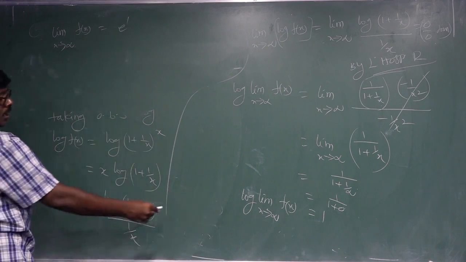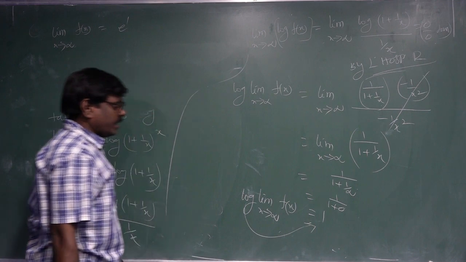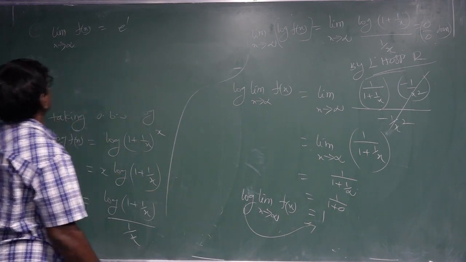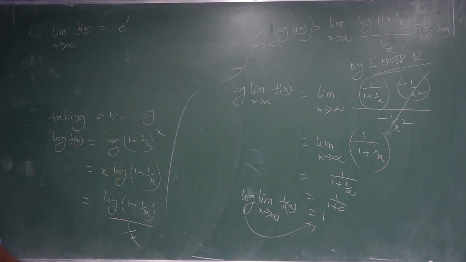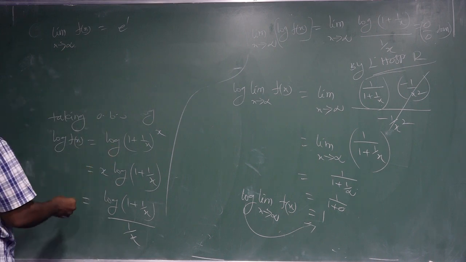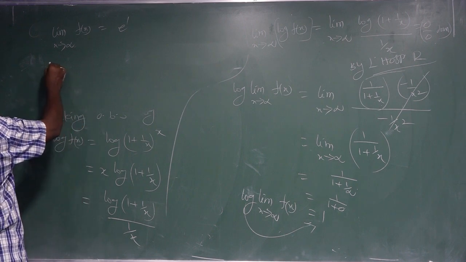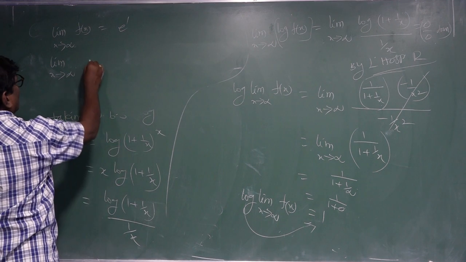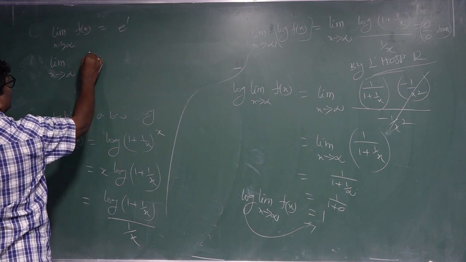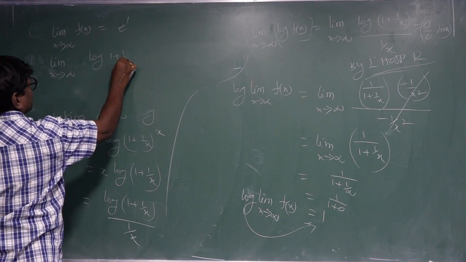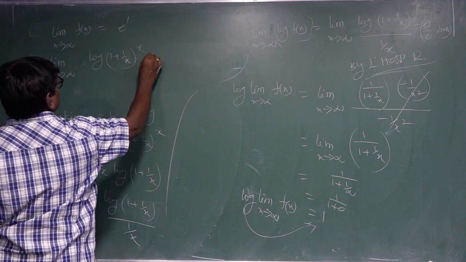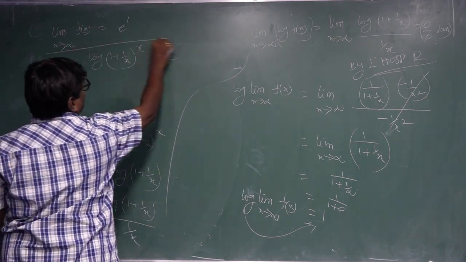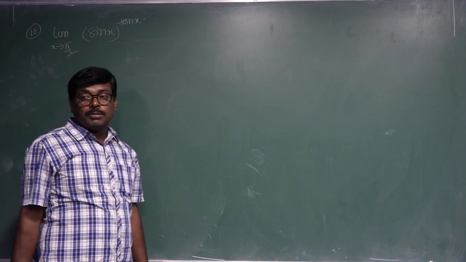That is, the limit as x tends to infinity of (1 plus 1 by x) whole power of x equal to e power of 1. This is the solution. This is the 10th problem.